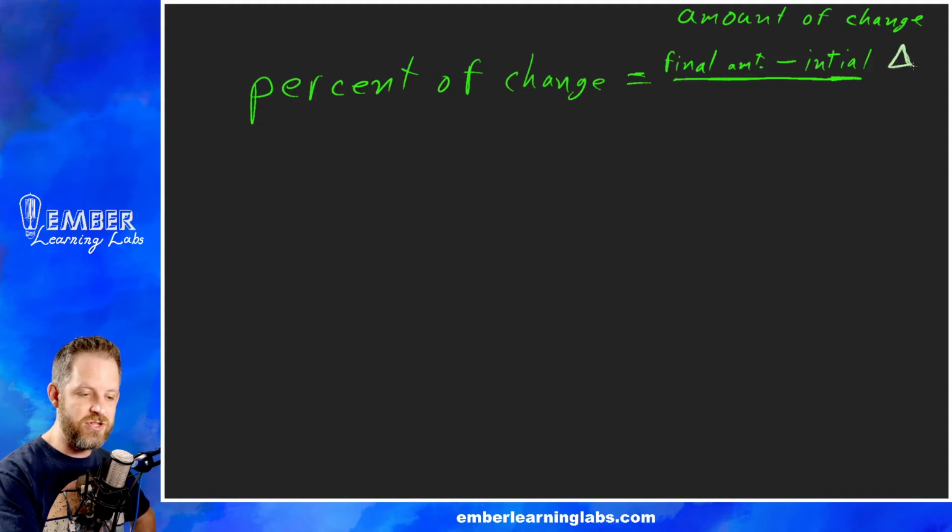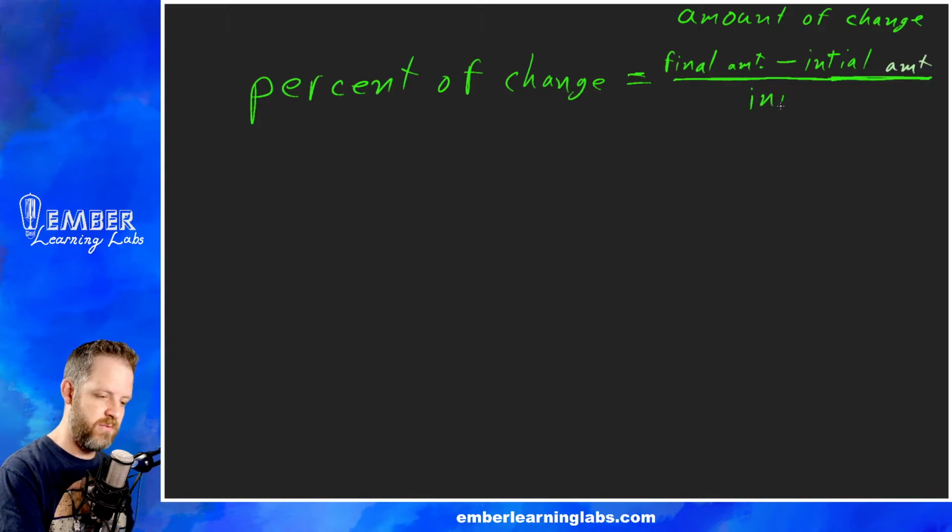The change in something. So we take the final amount minus the initial amount, and we divide that by the initial amount.